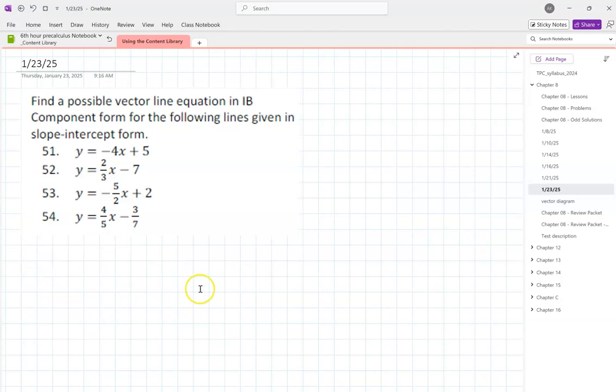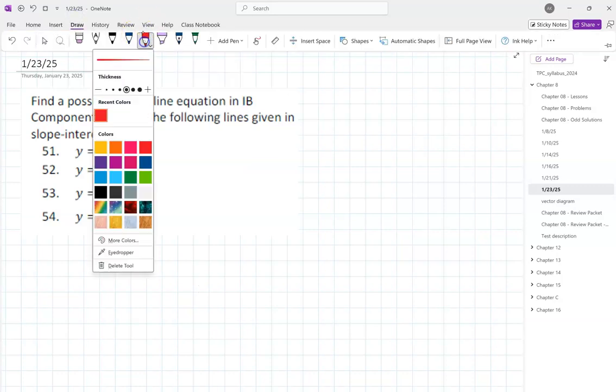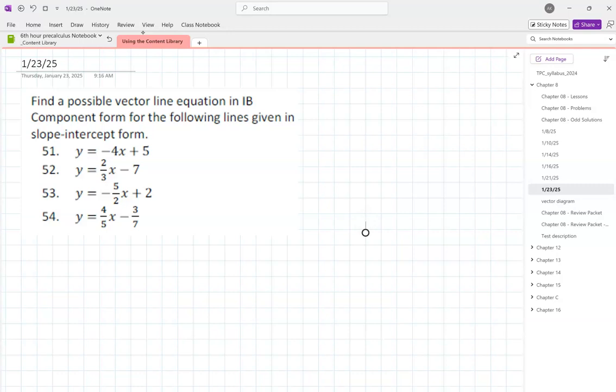So this says find a possible vector line equation in the IB component form for the following lines given in slope-intercept form. So remember that our vector equation for a line looks like this.